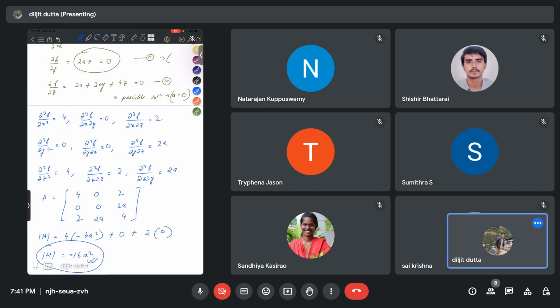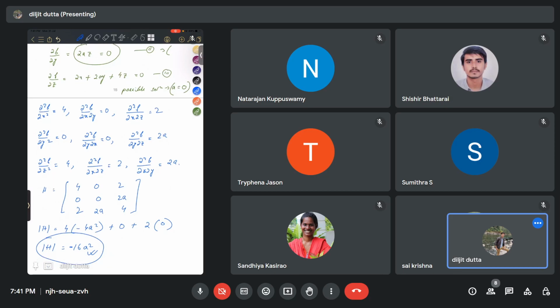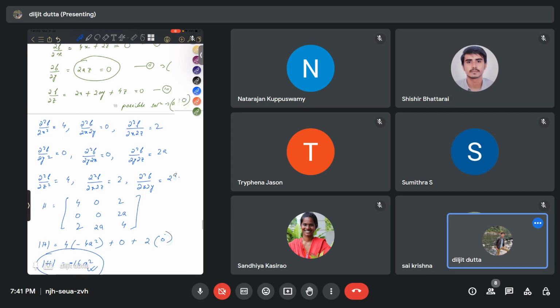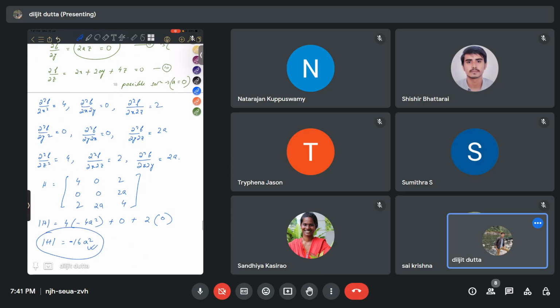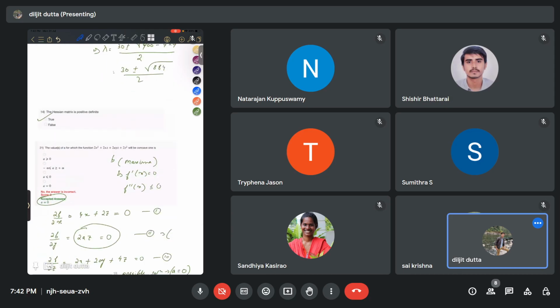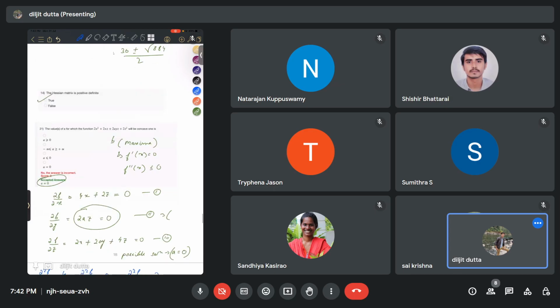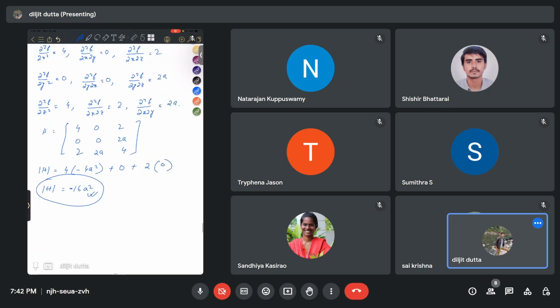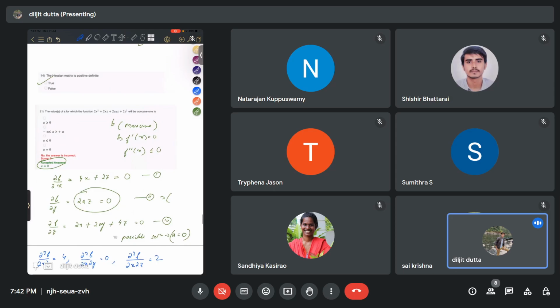The order is... it is monotonically decreasing for all values of a, but it has to satisfy this condition also.